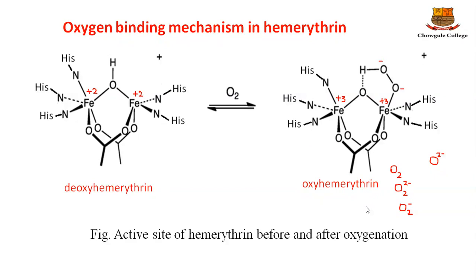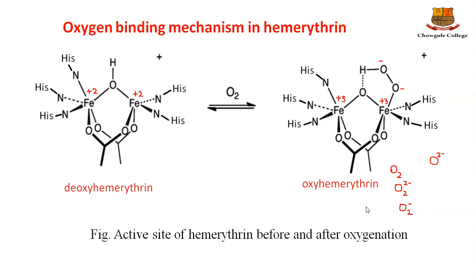So at the active site, as I have just said, one Fe is hexacoordinate and the other Fe is pentacoordinate. And before the oxygen comes and binds, both the Fe are in the plus 2 oxidation state. Now when oxygen comes and binds, it binds on the pentacoordinated iron center.